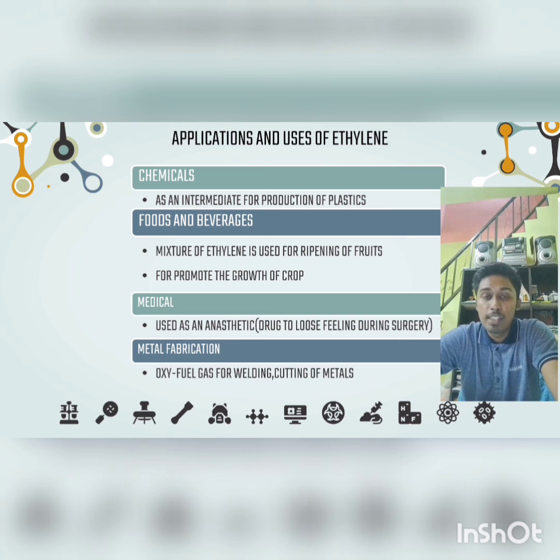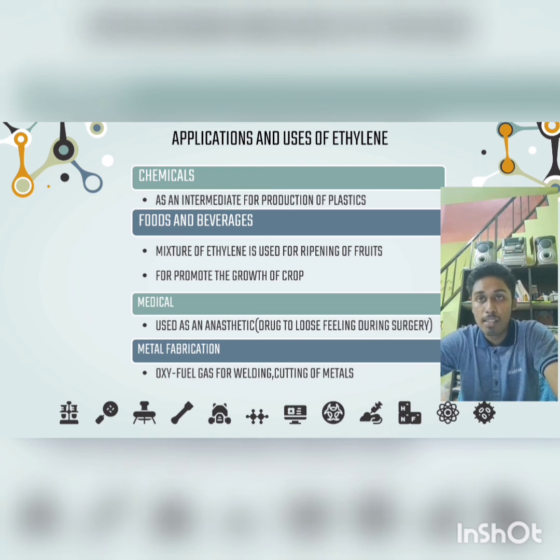It is an unsaturated hydrocarbon, which has a double bond, so it can make our work easier by reacting with other substances more easily compared to alkanes. So let us see in which sectors it can help. It can help in chemical sectors, food and beverages, medical and metal fabrication.